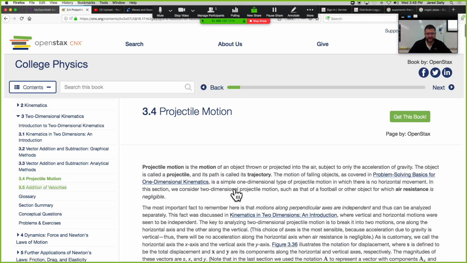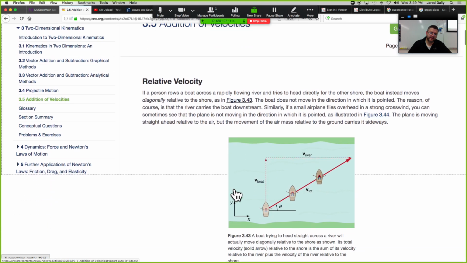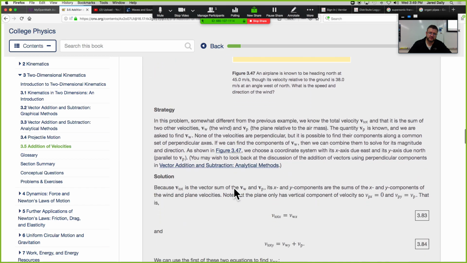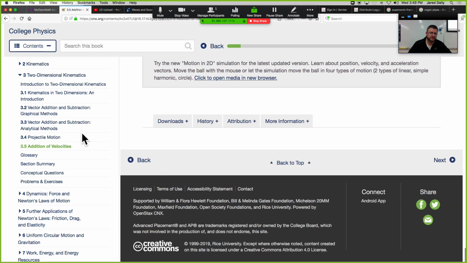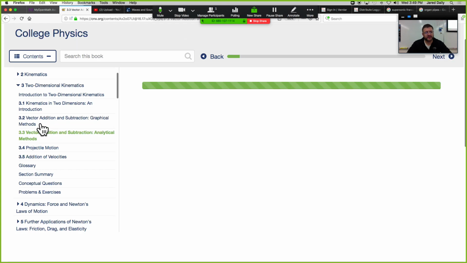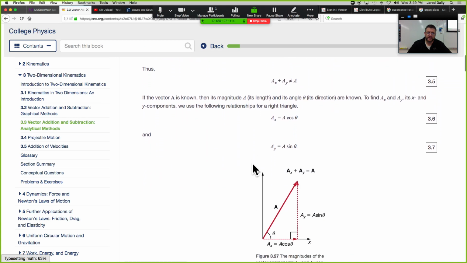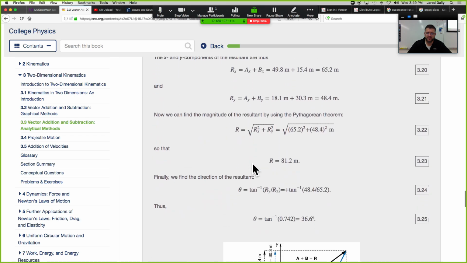Gotta be this one. Nope. Try this one. Okay, so in this one, I think they do this problem somewhere, maybe.